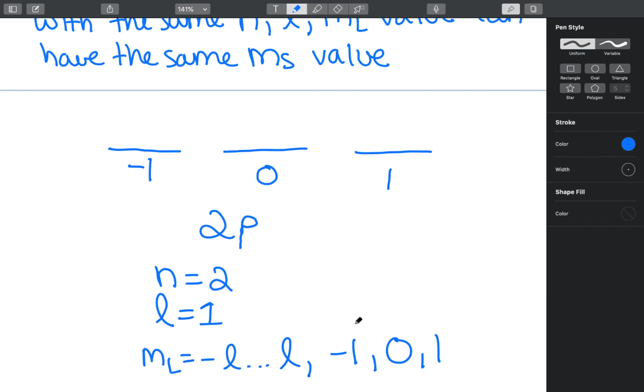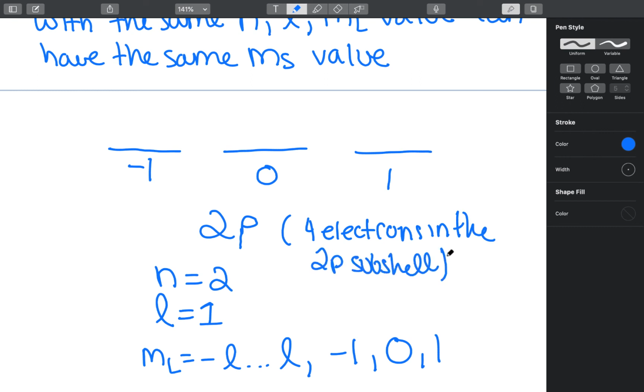Let's say we have 4 electrons in the 2p subshell. Let's draw it like this, and we'll learn more about this in the next video, so don't be too concerned about why I did this for right now.